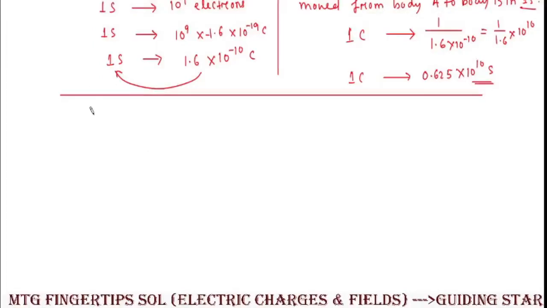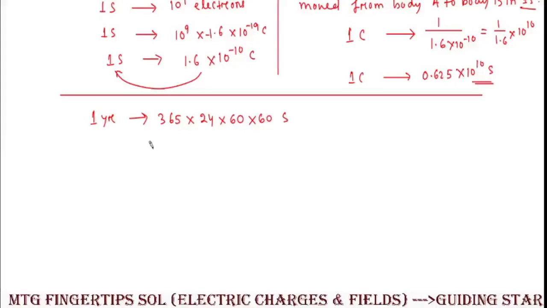So here we know that 1 year will be 365 days, and each day is 24 hours. Clear? And each hour is 60 minutes, and each minute is 60 seconds. That's what that means, this much second.